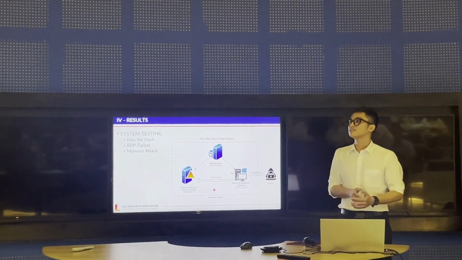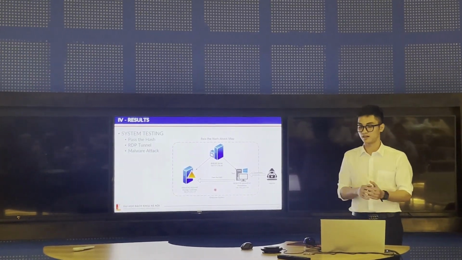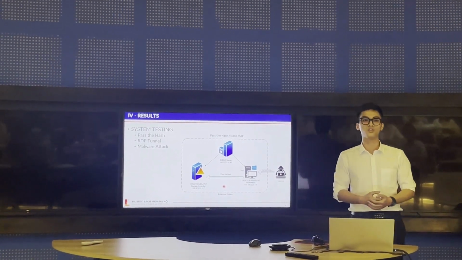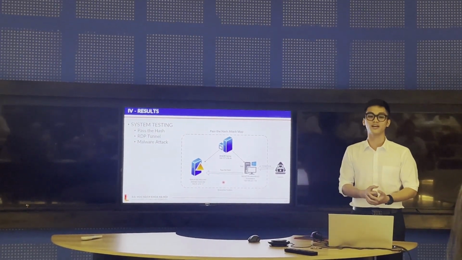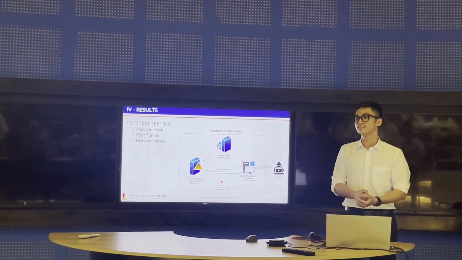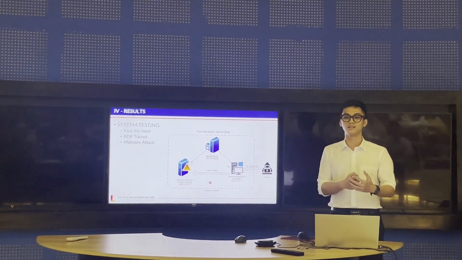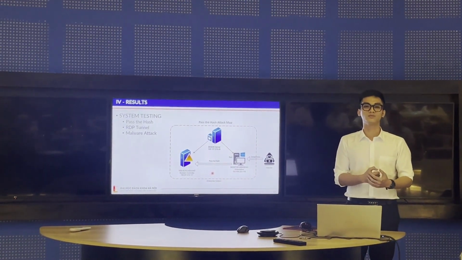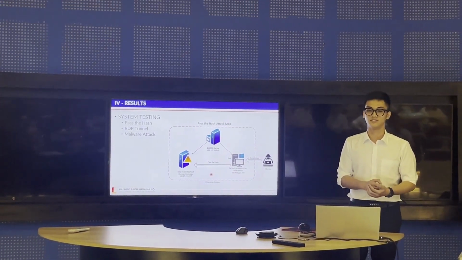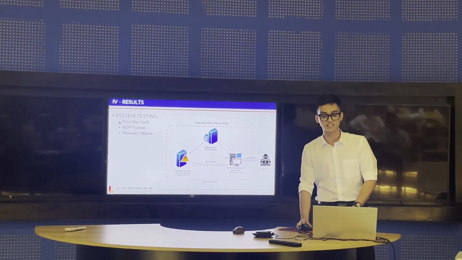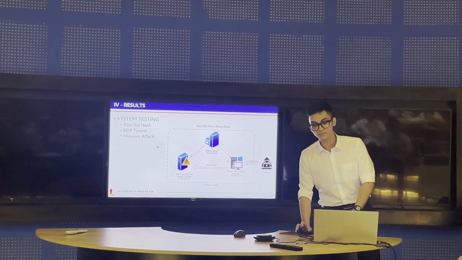Then, based on the implemented environment, I've conducted several experiments, which are tested and simulated attacks. The most popular and complicated ones that we encounter in the real world of hackers at the moment, which are the passive hacks, RDP tunnel, and the malware attack.